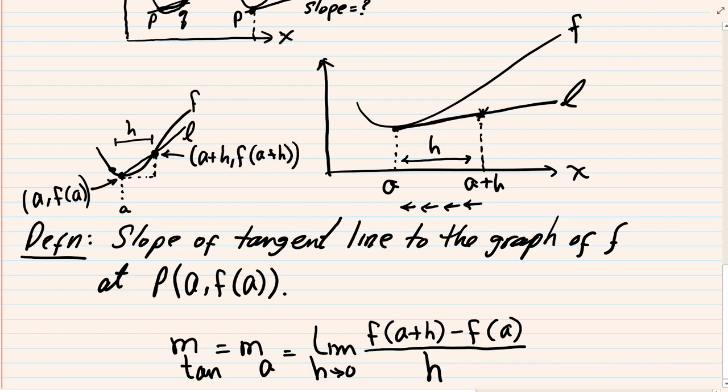So in other words, we're not using the points that are on the tangent line. Okay, so we're going to actually use the secant line, the line that includes points that are on the function. And then we're going to look at this is delta y and this is delta x. Now imagine as h gets closer to 0, as h goes to 0, delta x, the change in x, approaches 0 also, doesn't it?